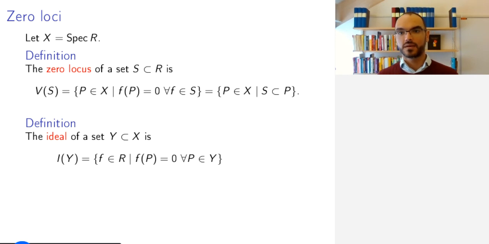Then, going in the opposite direction, we want to define the ideal of a subset of a scheme. So again, pause and think about how this was done in the variety case.